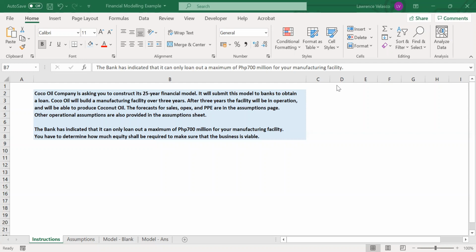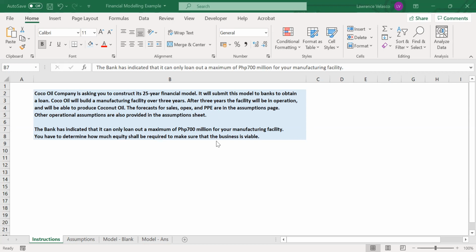Cocoa Oil Company will submit this model to banks to obtain a loan. Cocoa Oil will build a manufacturing facility over 3 years. May bubuin silang planta over 3 years. And then after those 3 years, they'll be in operation for the remaining 22 years. So kaya 25 years yung financial model.